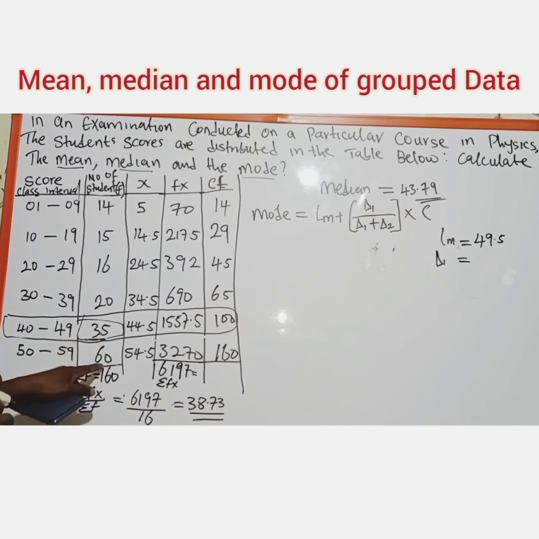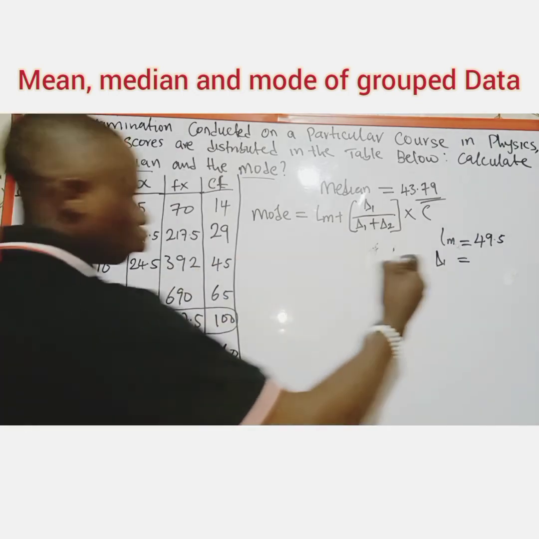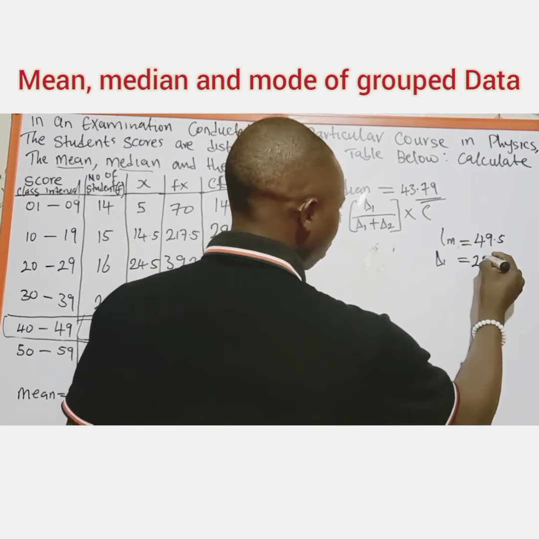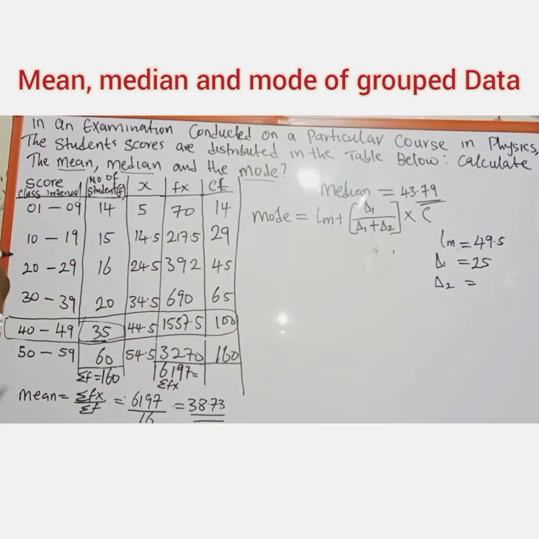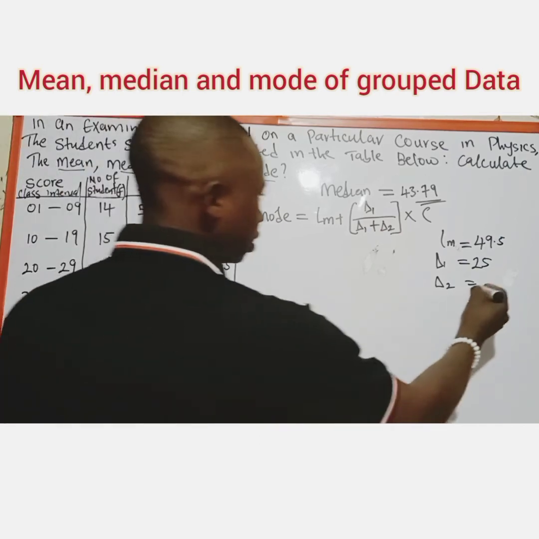So 60 minus 35 will give me 25. This is my delta 1. Delta 2, we subtract the frequency after the modal class from the modal frequency, and the modal frequency here is 60. There is no frequency after the 60, so our delta 2 is going to be 60.